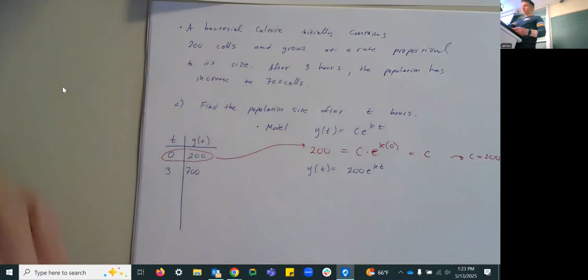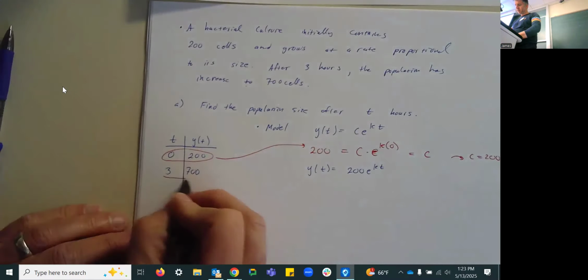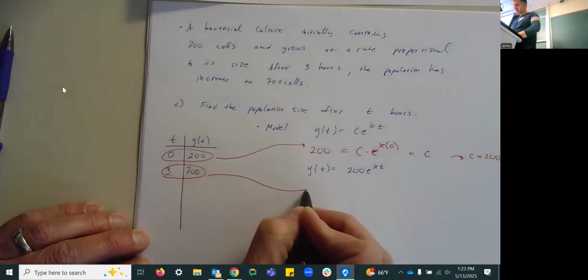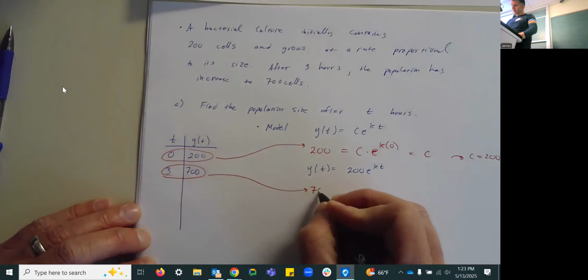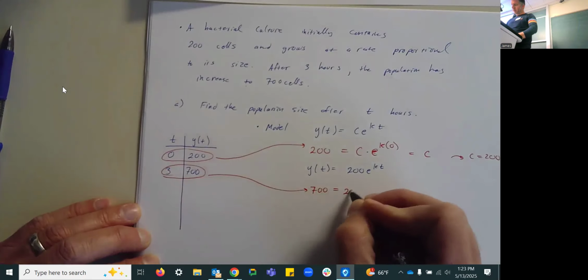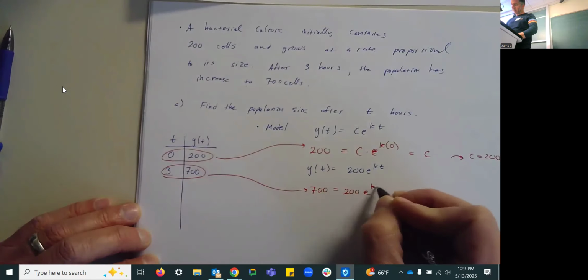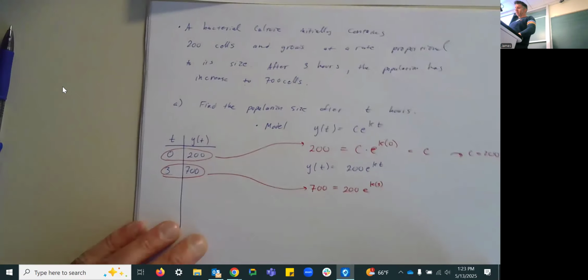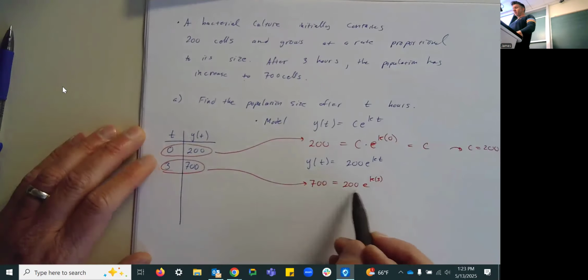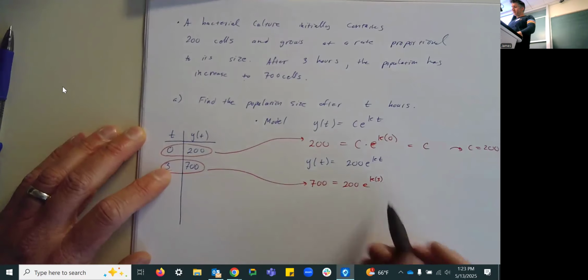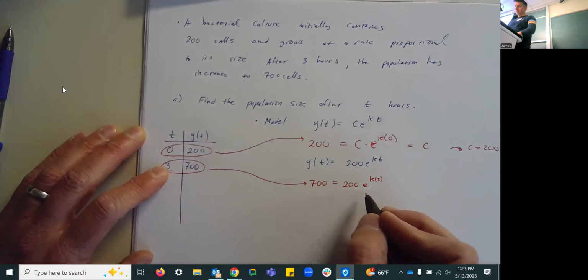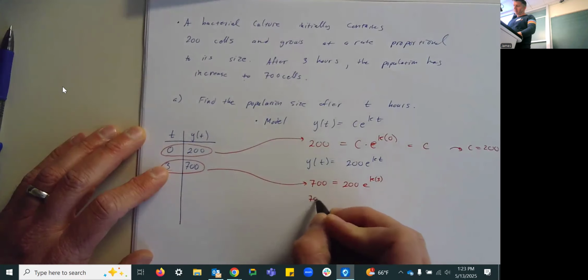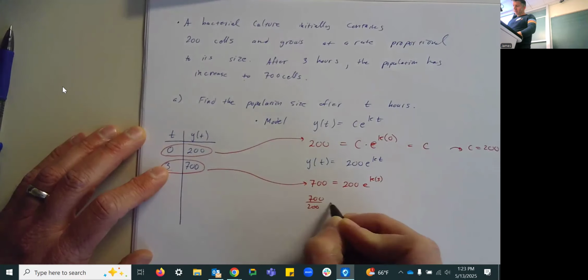And then we plug in our other data point. So now the population is 700 equal to 200 e to the k times 3. Solving for k does typically require more work. So we always divide both sides by whatever's multiplying the e to the stuff. That's going to become 700 over 200 equal to e to the k times 3.